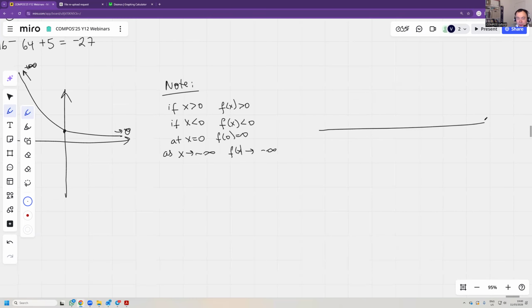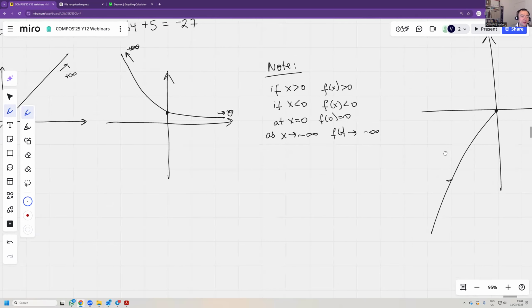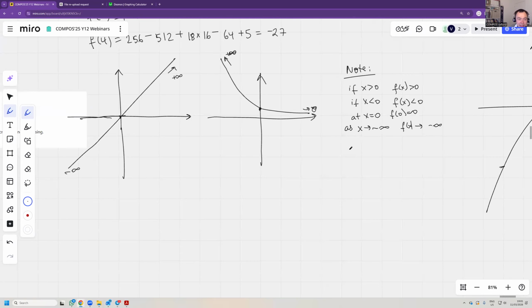So what do we know? We know that it goes through this point. It's positive here. It's negative here. So at negative infinity, it goes really, really big. Now for positive values, as x goes to plus infinity, what you need to note is that x multiplied by e to the power minus x equals x over e to the power x.